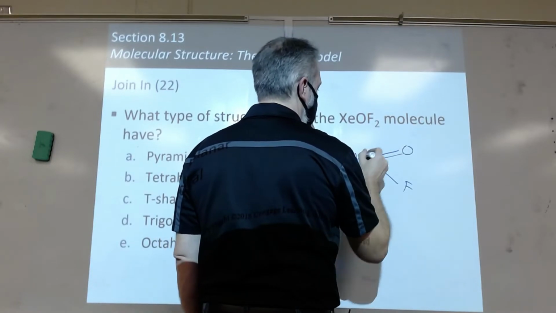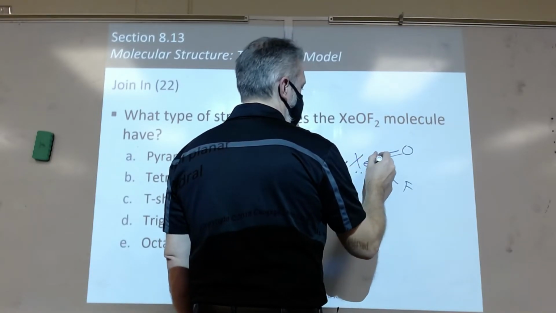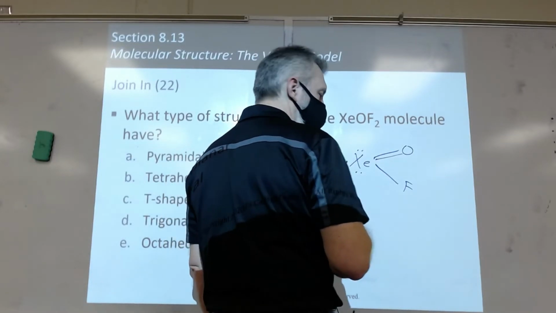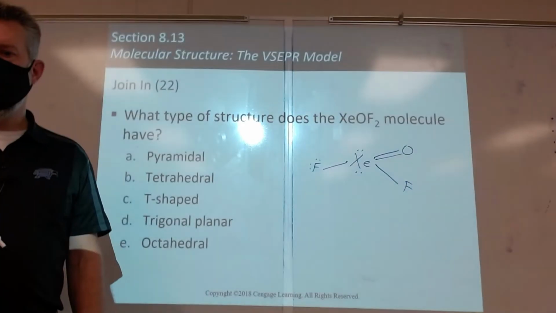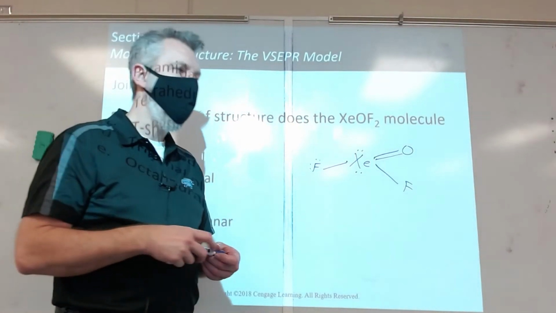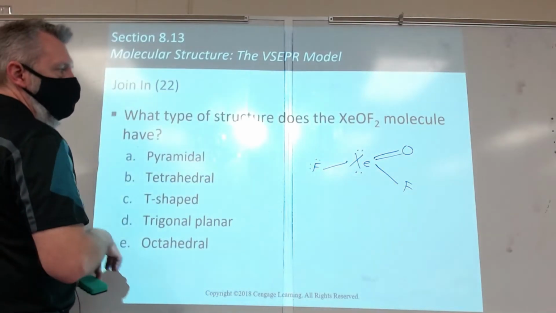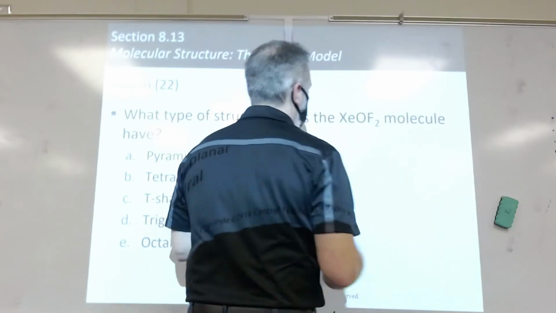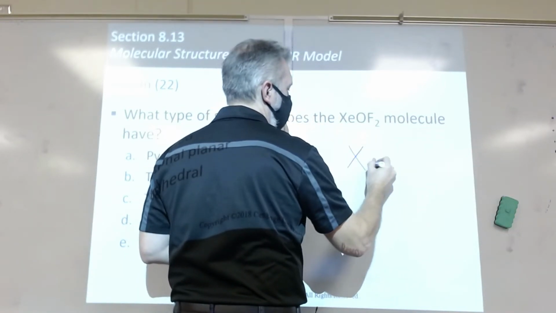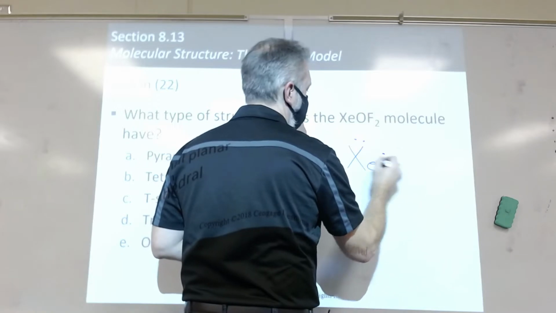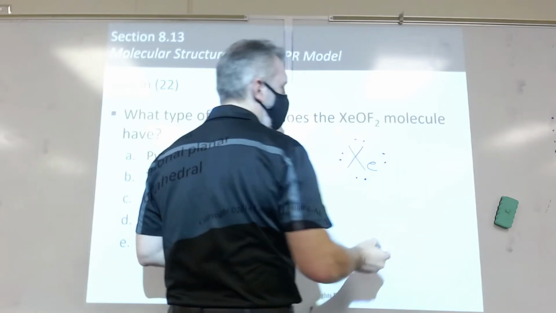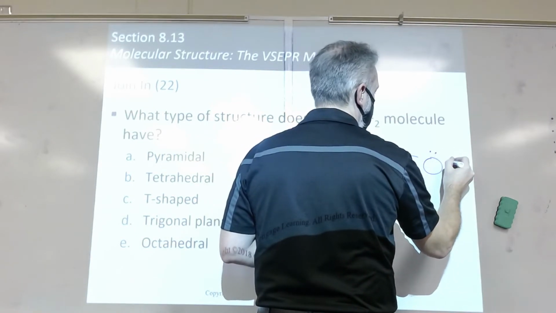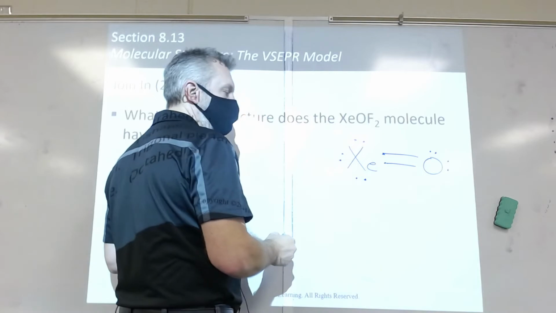Double bond here. 1, 2, 3, 4, 5, 6. That's right. Okay. That look right? What'd you get? You didn't draw it like that? Yeah, but I got the right bonds. Let me make it a little prettier. 1, 2, 3, 4, 5, 6, 7, 8. All right. You okay with that? Okay.